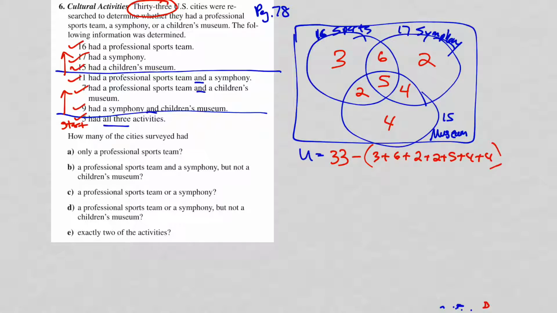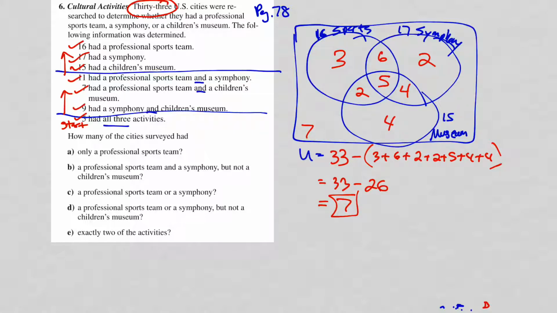So that's going to be 9 plus 4 is 13. So 18. 18 plus 8, 26. And that's going to be 7.